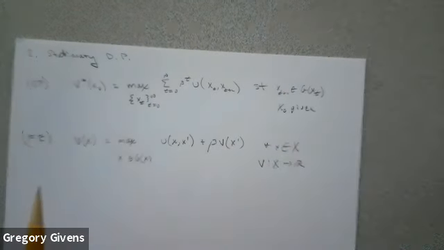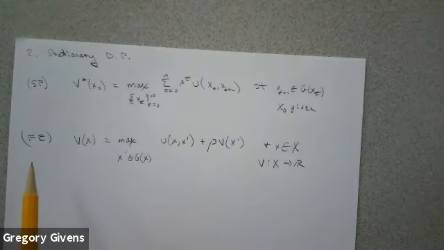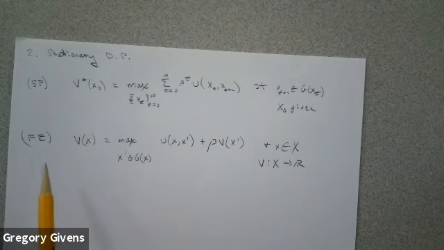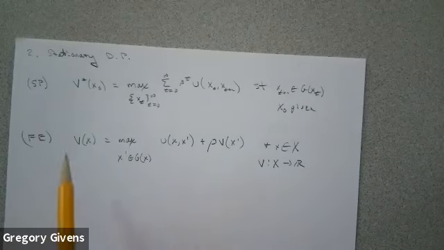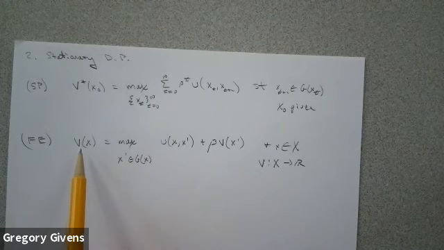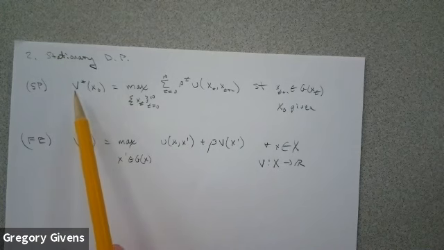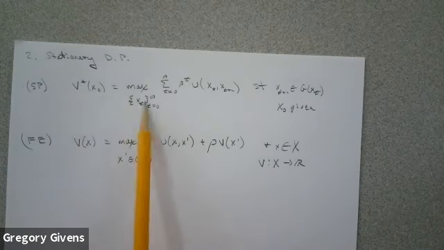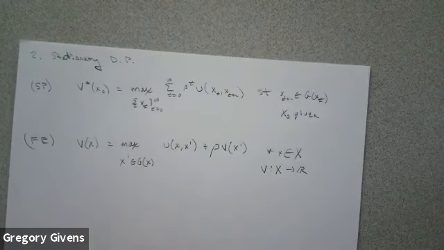This is what's known as a functional equation. In a few minutes, we'll talk about it being what's called a Bellman equation. Again, V here refers to the function determined by the maximum value of the right-hand side of the functional equation. V star is the value of pursuing an optimal plan to the sequence problem.